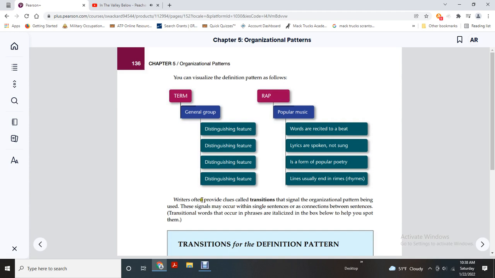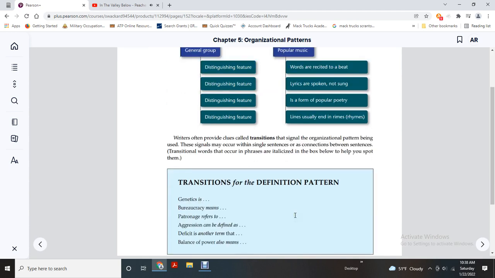Writers often provide clues called transition signals for the organizational pattern. The signal may occur within a sentence or as connections between sentences, with transitional words and phrases italicized in the box below to help you spot them.